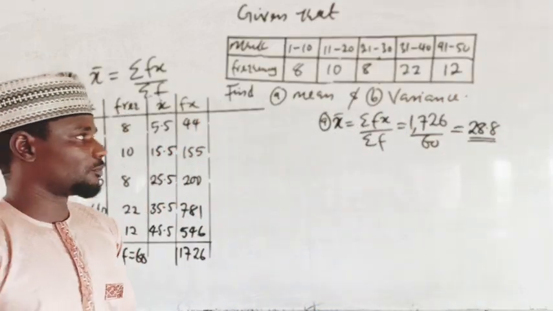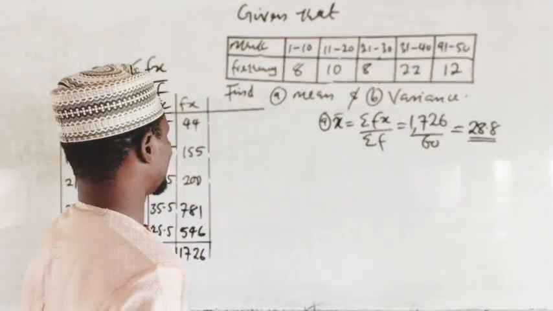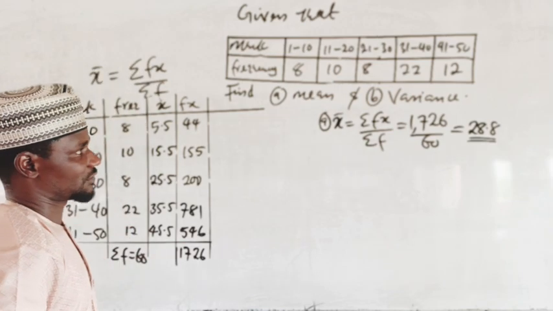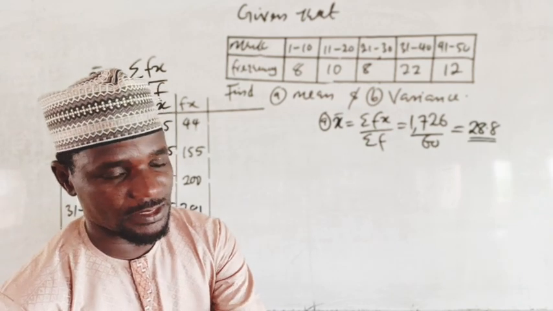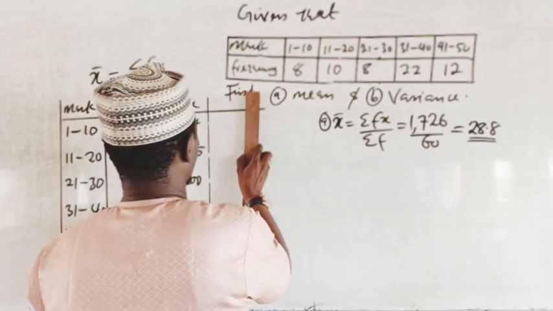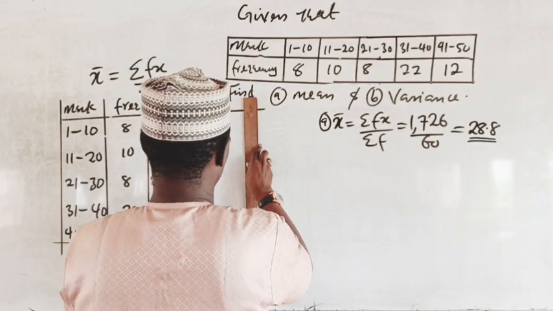To get the variance, we have to get our deviations first. That is, we have to deviate the classes. So we extend our table.